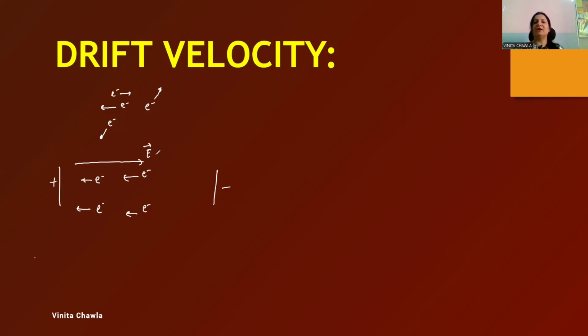And what is the direction of current? It is same as the direction of electric field. So current flows in the same direction in which electric field intensity is pointing. Direction of electric field intensity and current is same, and motion of electrons is opposite, and this is the reason we write a negative sign in drift velocity. Negative sign indicates that VD and E, they are opposite to each other. They are moving in opposite directions.